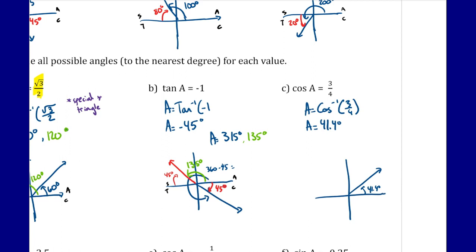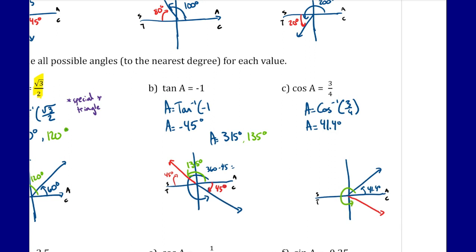It's positive, so do the CAST. Cosine needs to be positive, so it also needs to be in this direction. We also need to have a line here, the only other spot where it has to be positive. So this is the angle we're looking for.